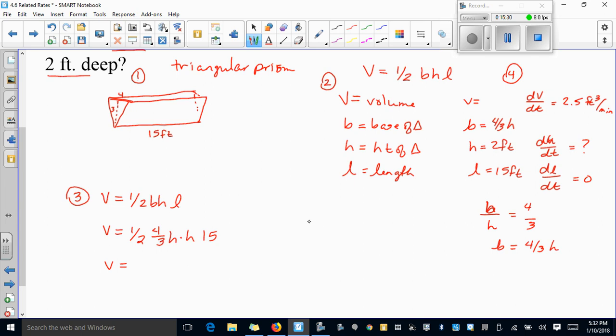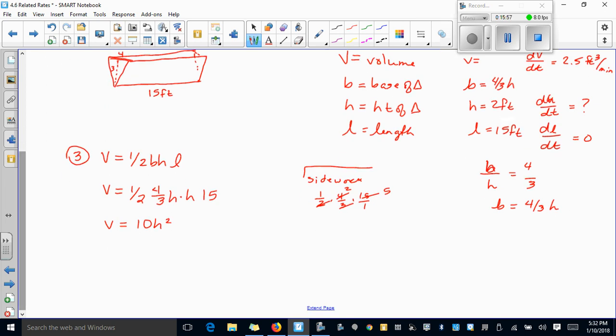So this is going to be 10h squared. There's the equation I'm using when I do my derivative. Much nicer than having 3 variables in there. So step 5, derivative. dV dt equals 2 times 10h dh dt.